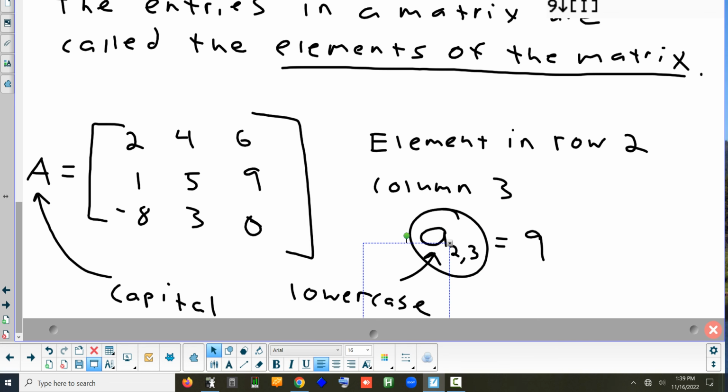Row, comma, column. Second row, third column is a 9. We're not going to use that notation a ton, but it's something you could see when you do matrices. Any question on that?